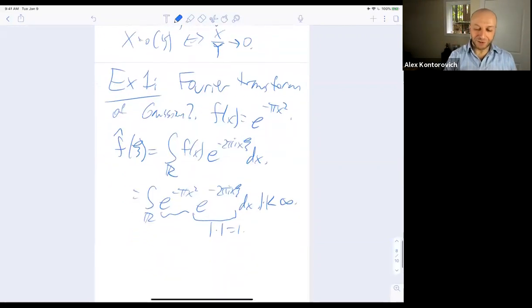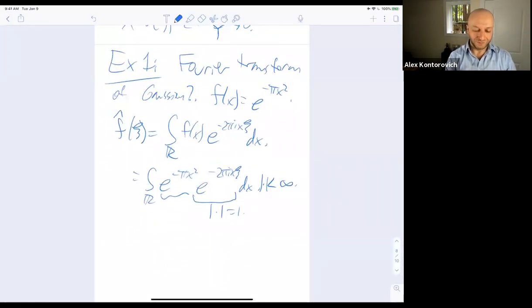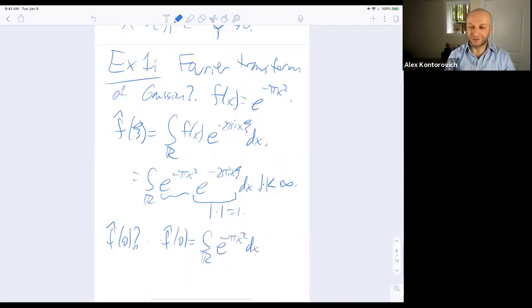Okay, what about xi equals 0? In other words, f hat of 0 is the integral of e to the minus pi x squared dx, that maybe you should have been given in multivariable calculus. Does anybody know what the answer is?